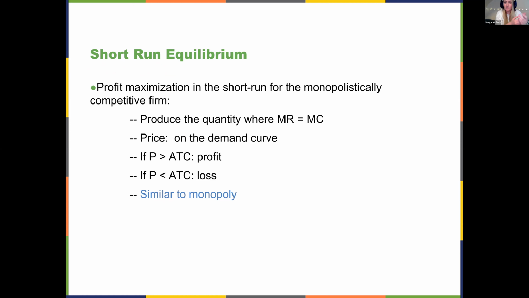Thinking back to what defines a firm as monopolistically competitive, the key thing that makes it special compared to perfect competition is that each firm in a monopolistic competition setting is selling similar goods, but they are differentiated in some way.